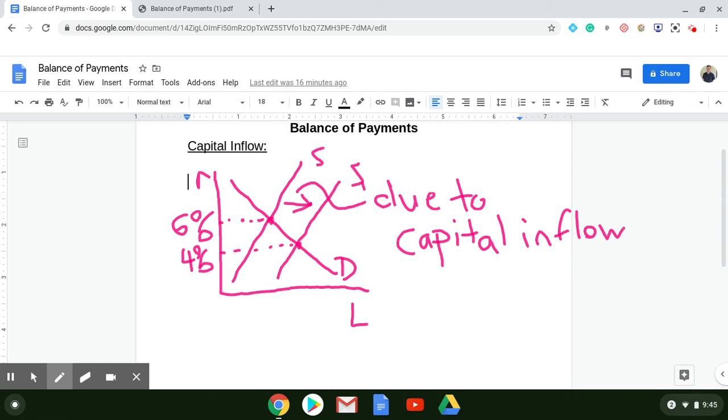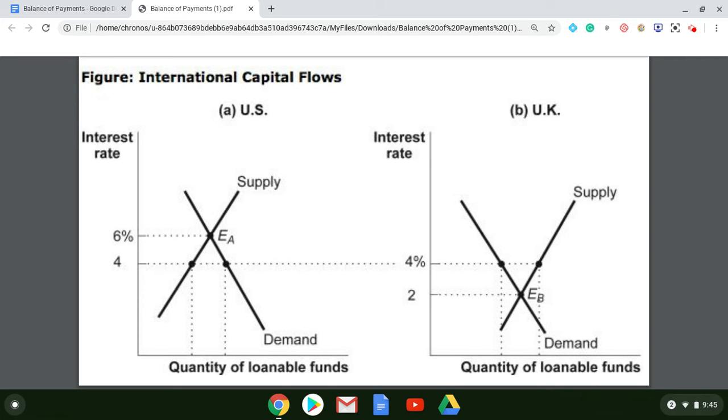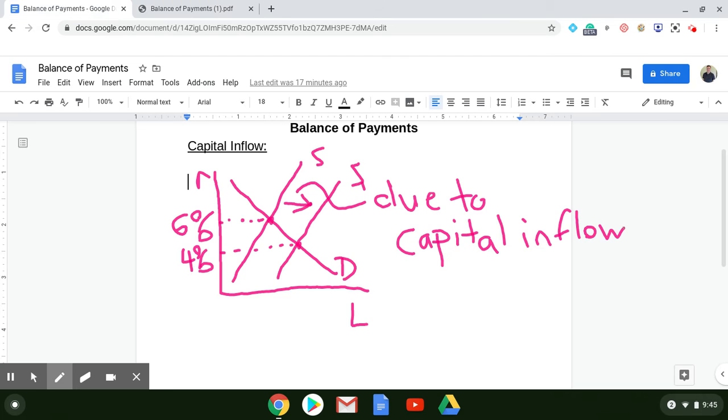Again, from the last page, because the rate of return, the interest rate in the United States is higher than in the UK, folks from the UK come to the United States. They bring their savings into the United States. That'll increase the supply of loanable funds, and thus, as the supply increases, the rate will go down.